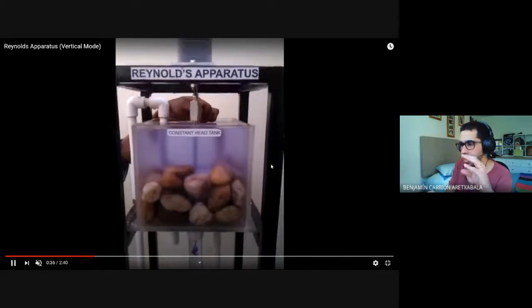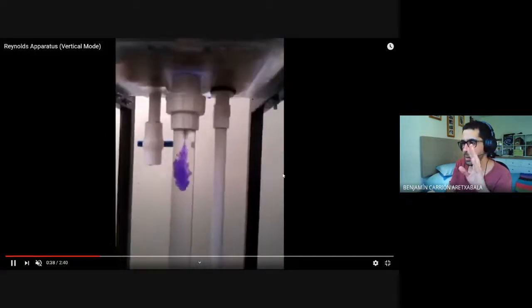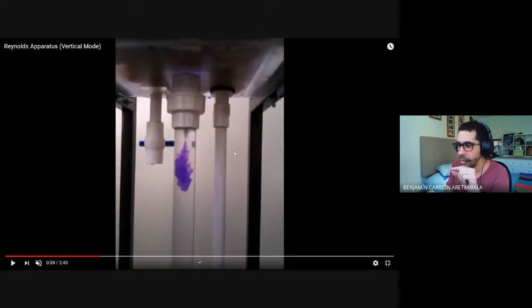In this tank, you can keep the head constant. And what the experiment does is inject a bit of ink, or a dye, another fluid that's more sticky than water, typically ink, in order to visualize the flow.